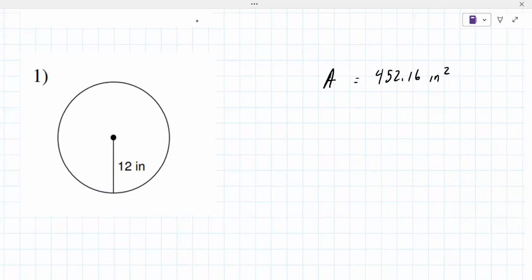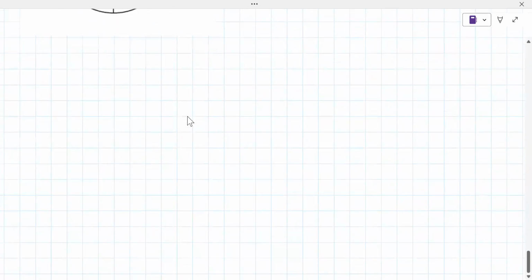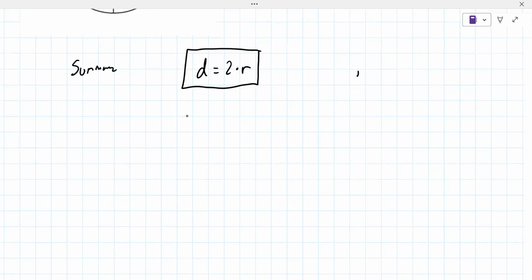Excellent. Okay. So there's a couple of formulas here to summarize before we do a few full problems. Diameter is 2 times the radius. That's formula one. The radius is 1/2 the diameter, diameter divided by 2.